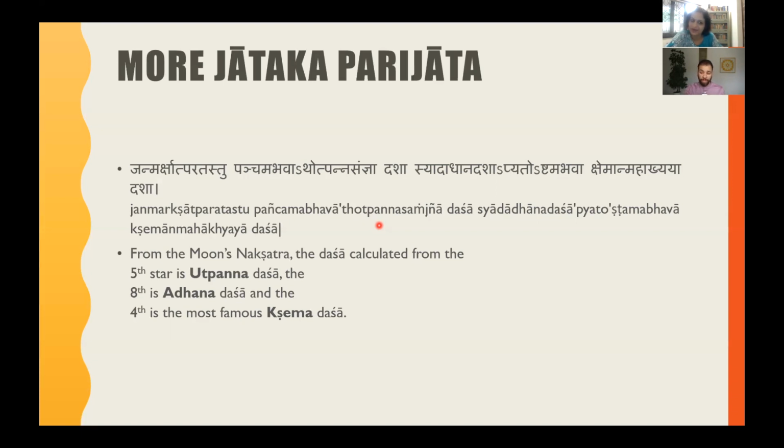If your moon is in Ashwini, your first Dasha will be of the Lord of Ashwini, which is Ketu. The next one will be Venus, because Venus lords the next nakshatra, Bharani, and so on. But here he's saying that if your moon is in Ashwini, your first Dasha could be that of Mars, because the fifth nakshatra from Ashwini is Mrigashira, lorded by Mars.